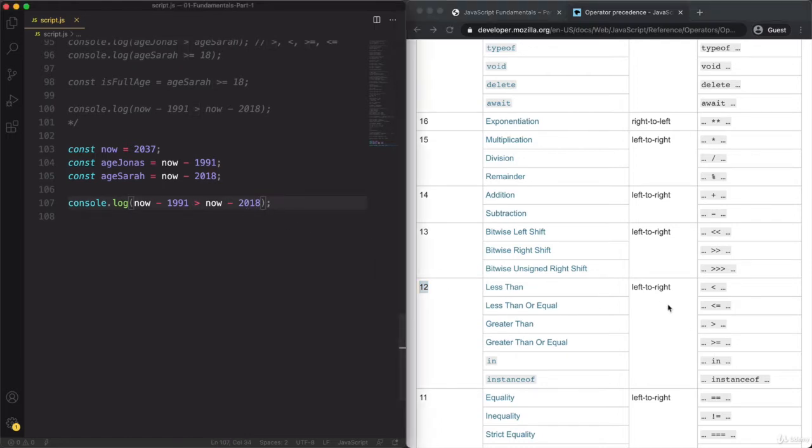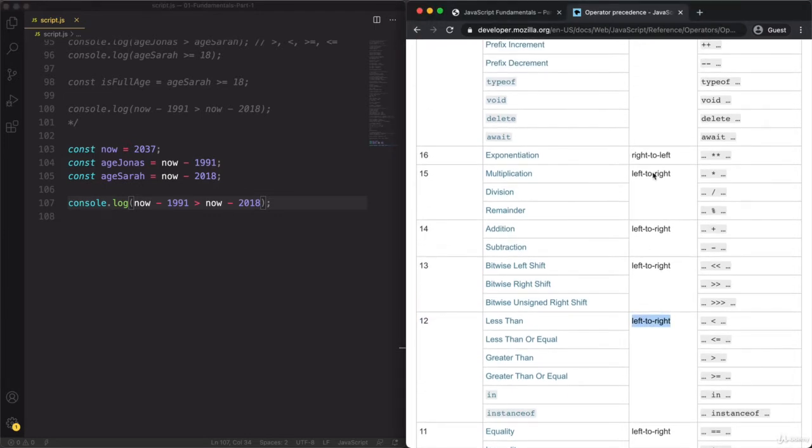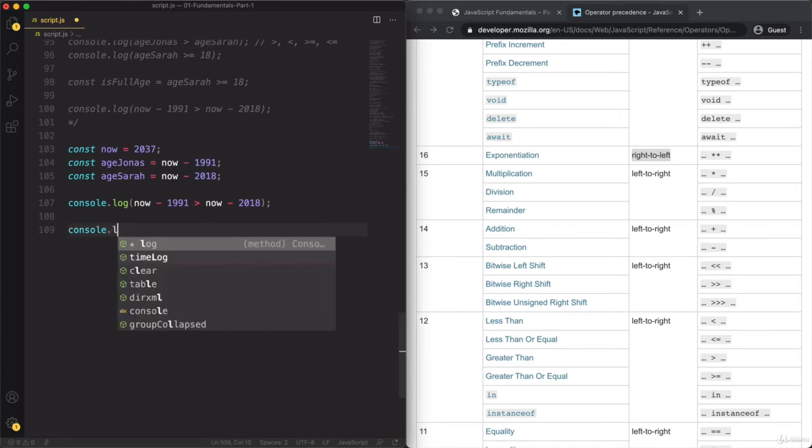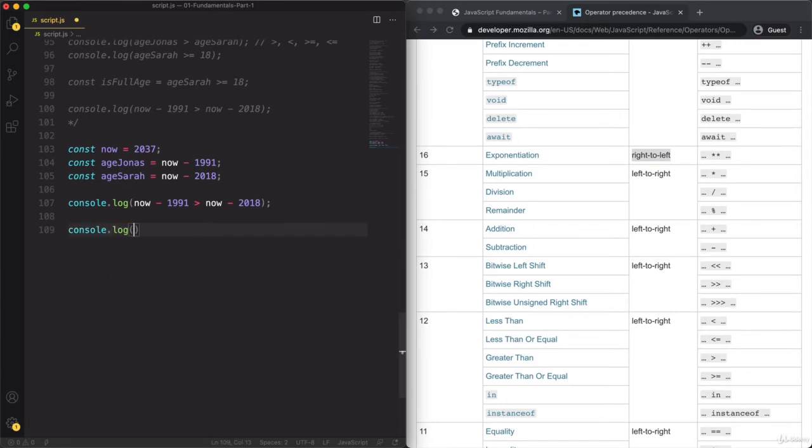Now in this table, we can also see which operators are executed from left to right and which ones from right to left. Like, for example, the exponentiation operator is executed from right to left, while most operators, especially the mathematical ones, are executed left to right. For example, let's say we wanted to calculate 25 minus 10 minus 5.